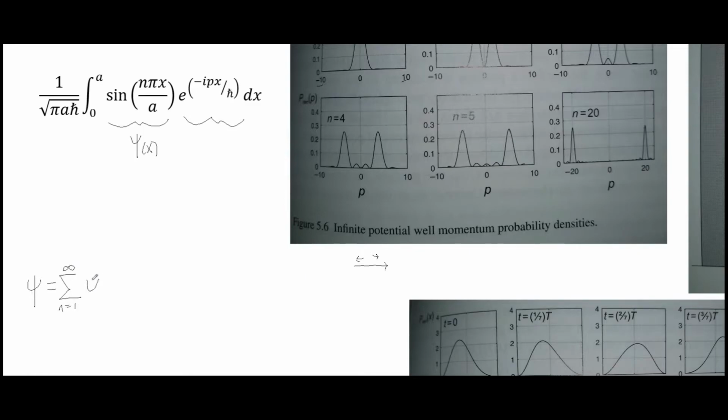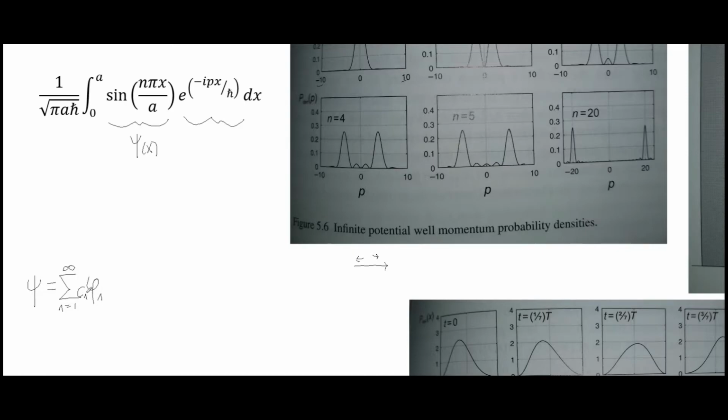So we can have this, which will probably be a lowercase phi, and there should be a Cn here. But I said that these are a linear combination of these.